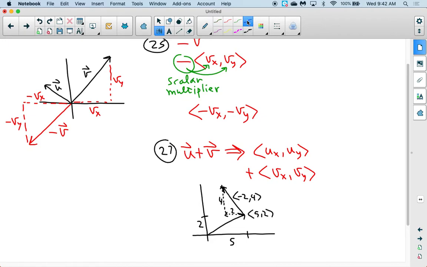Help Juliet. Where is she? Well, she is here, right? But where is here? Well, that would be 5 minus 2, right? So she's 3 units to the east.